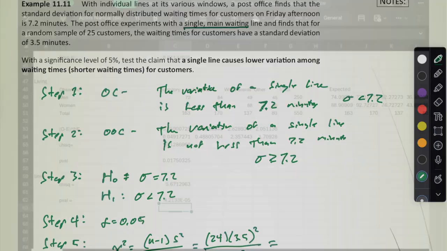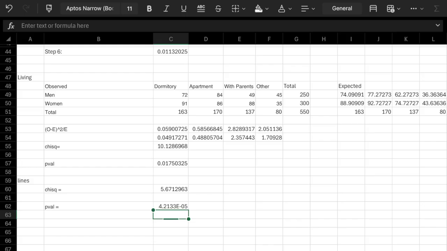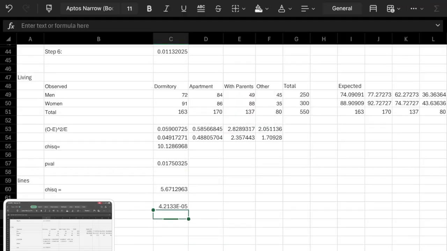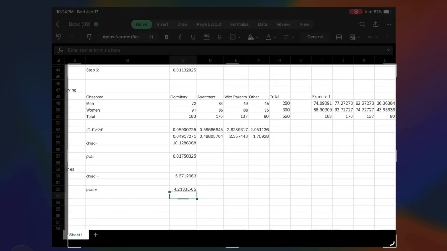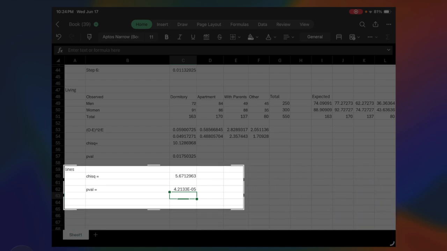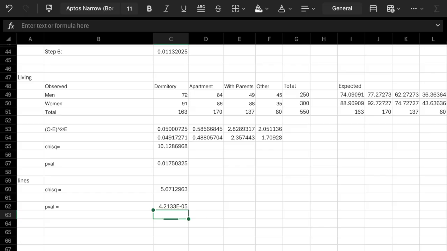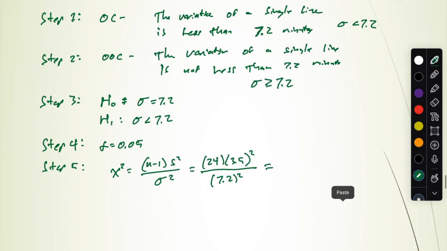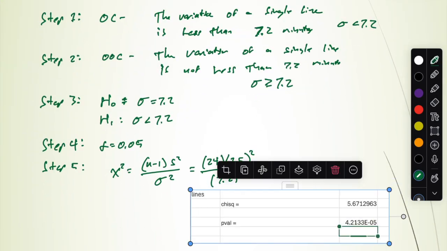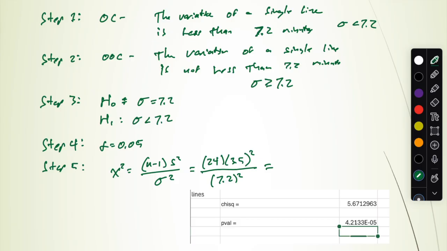All right, let's go ahead and screenshot that tiny little bit. There we go. Copy and delete. Come here. Paste.